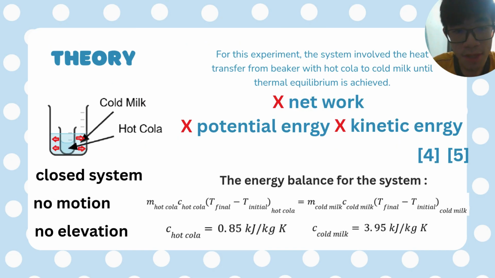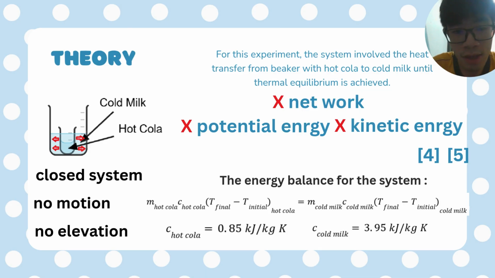For this experiment, the system involves heat transfer from a beaker with hot cola to cold milk until thermal equilibrium is achieved. We can see in the figure beside, the heat is transferred from the hot cola to the cold milk. Since this is a closed system and there's no motion and no elevation, there's no net work, no potential energy and no kinetic energy.